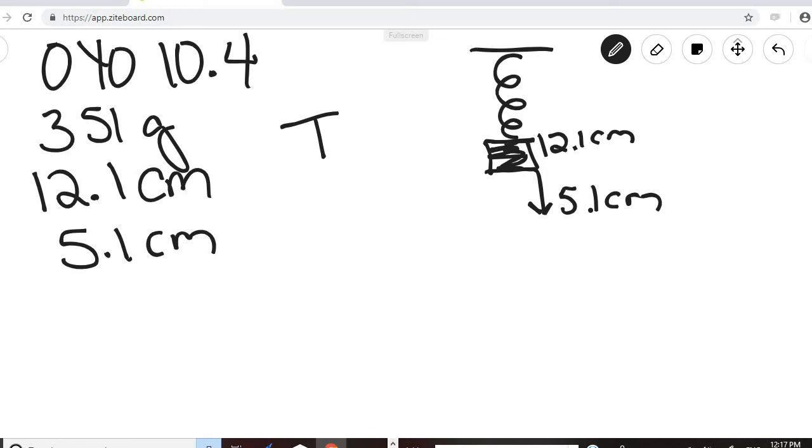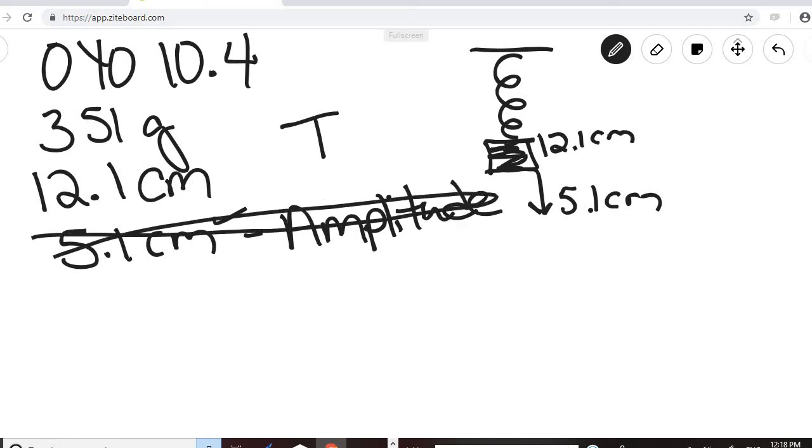Okay. So the first thing you have to realize about this problem is that when it talks about pulling it down 5.1 centimeters, that's the amplitude, right? And we know that period does not depend on amplitude, so we do not need to know that information.